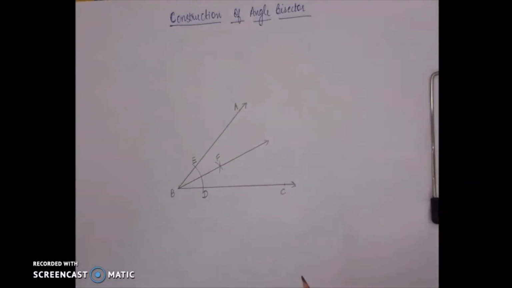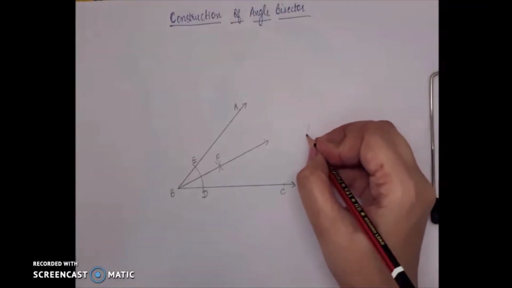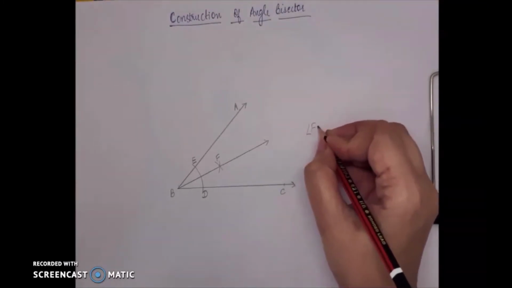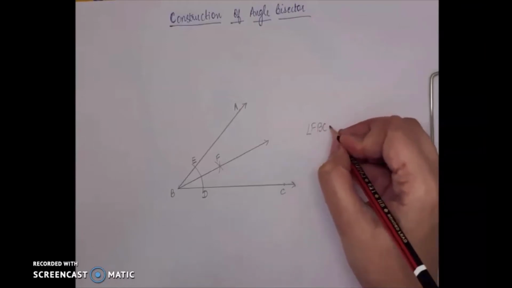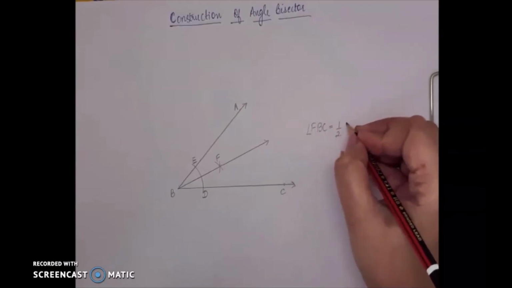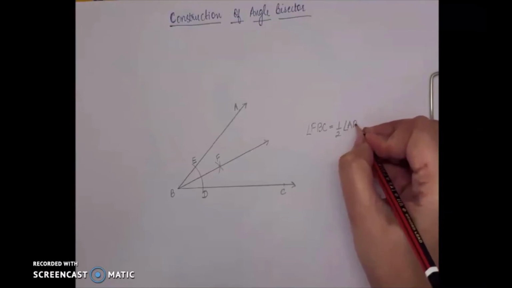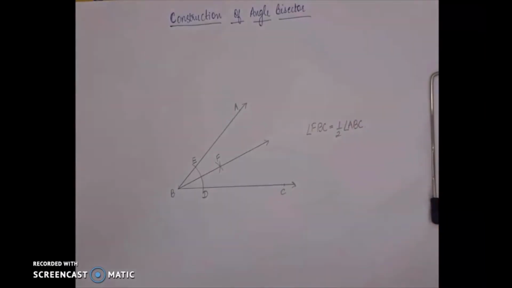So now this angle that is formed, that is angle FBC, is equal to half of angle ABC. Or I can say that BF is the angle bisector for angle ABC.